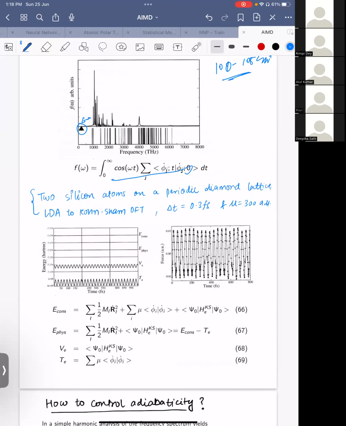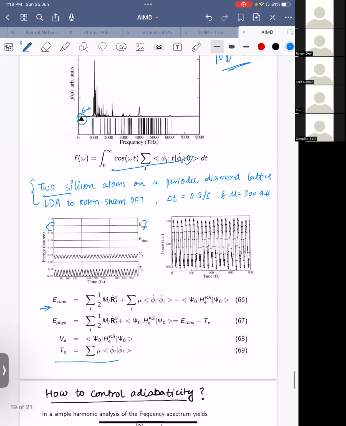It can work on paper, but will it work in practice? Just like energy, the total energy should be conserved according to classical dynamics. This is our total energy plotted for this system, and you can see that it is conserved.